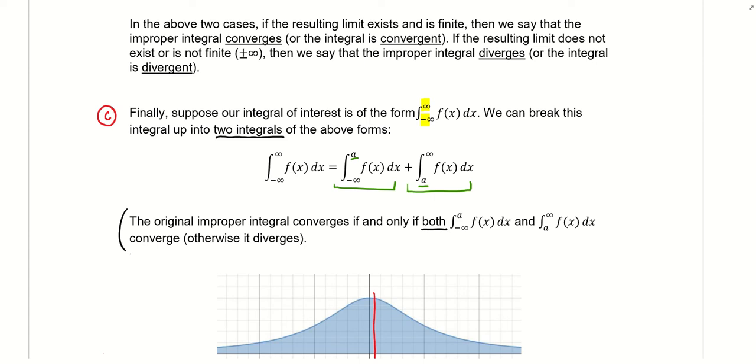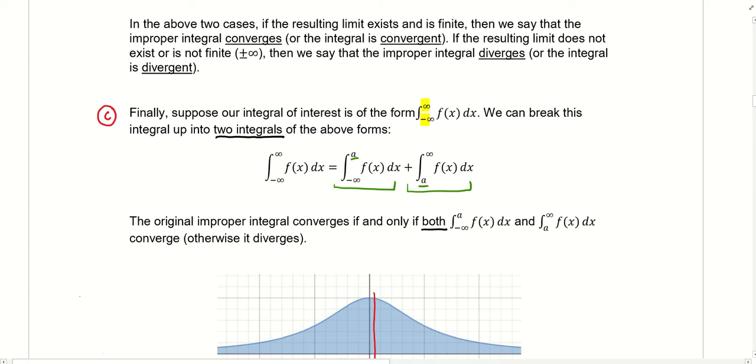And the only way that this original integral can converge is if both of the pieces that we've split it into converge to the same thing. So they both have to converge, and they both have to converge to the same thing. Otherwise, the original integral diverges.